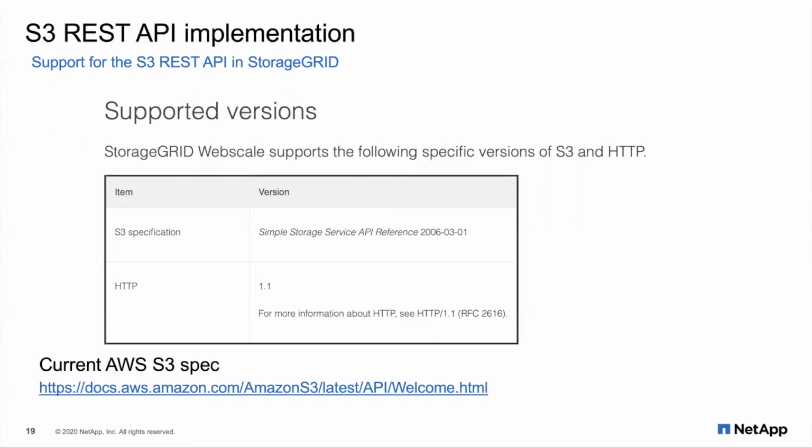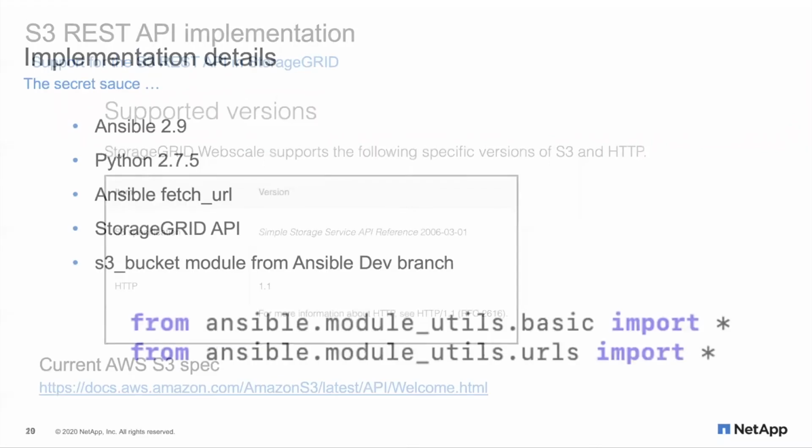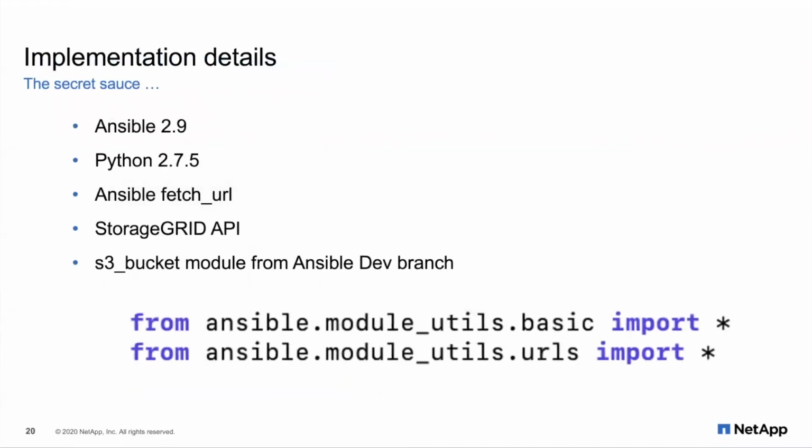As you can see on this slide, StorageGRID supports AWS S3 specifications. Okay. Given our requirements and starter blocks, we definitely need Ansible modules. When we started working on this project, official modules for StorageGRID did not exist.